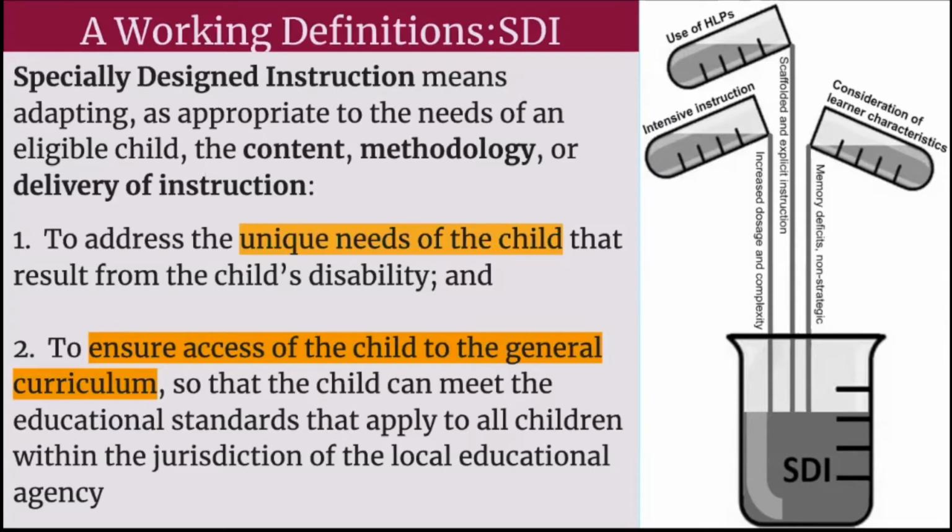Sue's going to talk a little bit about that in a few minutes, but that is something where we have to think about, do I need to increase the intensity? Do I need to cut back on my steps? Do I need to provide more prompts? Do I need to offer this in a small group instruction or one-on-one instruction? So there's a lot that goes into providing good SDI. And that is all tied into this definition.